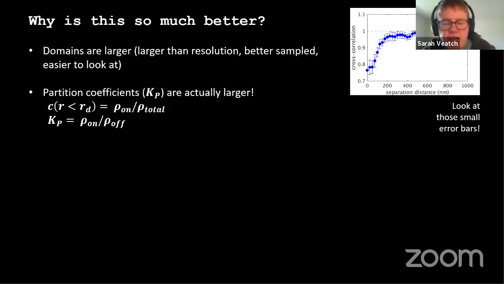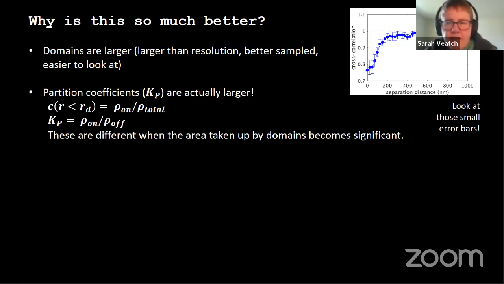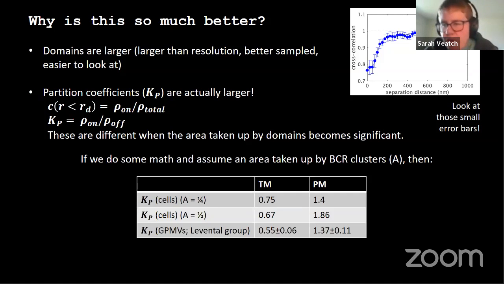Cross correlations measure the density inside the cluster normalized by the average concentration over the whole region of interest that you're looking at. Whereas the partition coefficient is usually defined as the concentration on divided by the concentration off of the domain. If domains make up a tiny fraction of the whole area, then these numbers are the same, and you get the same result. But once domains start taking up a significant fraction of the membrane that you're looking at, then they aren't the same, and the partition coefficient is actually larger than the value of the cross correlation function at low radius.